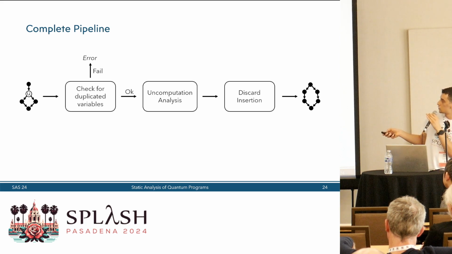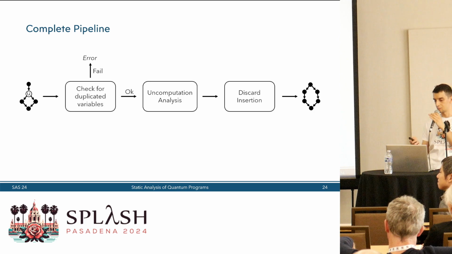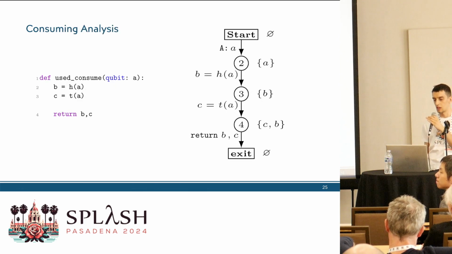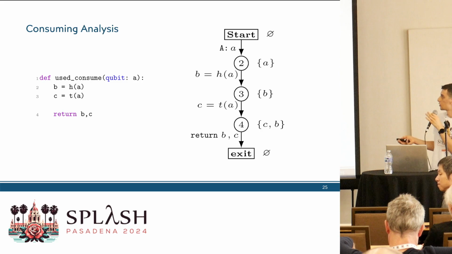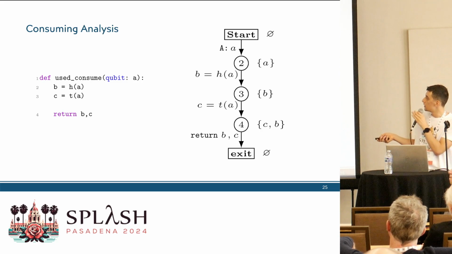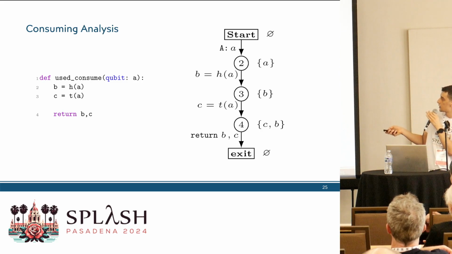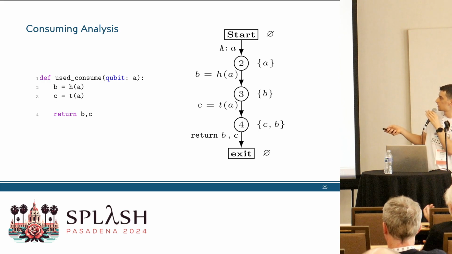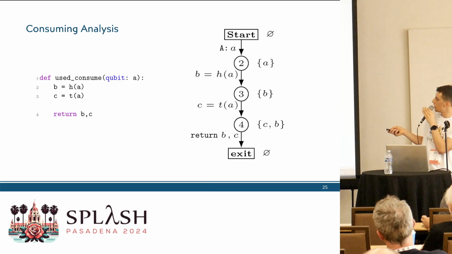To check the use of variables, we use a pretty simple static analysis. This is the program that I showed before, which is not correct because we use the variable a twice. Basically, in this analysis, every time we define a variable, we add it to a set. Every time we use the variable, we remove it from the set.